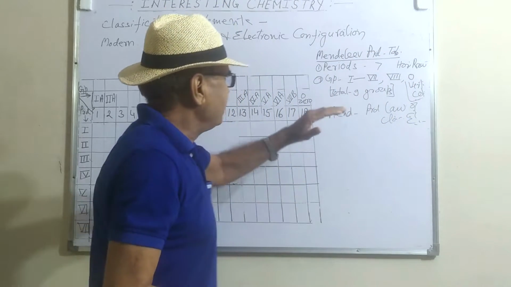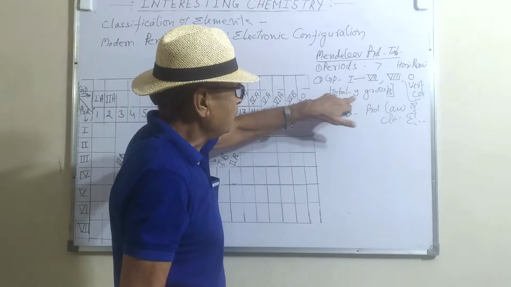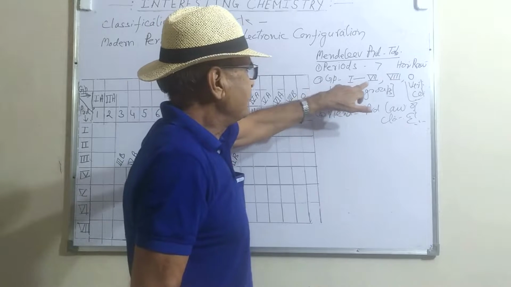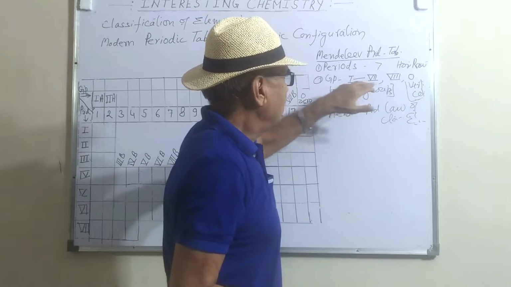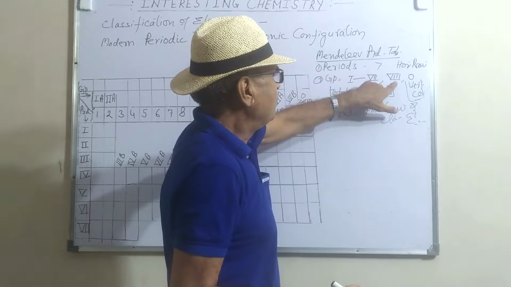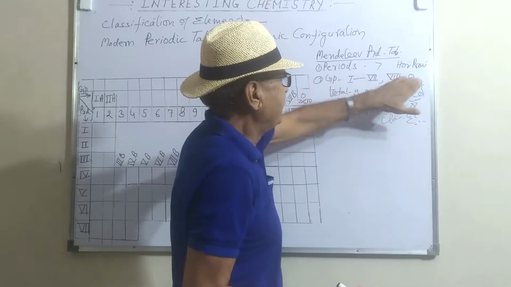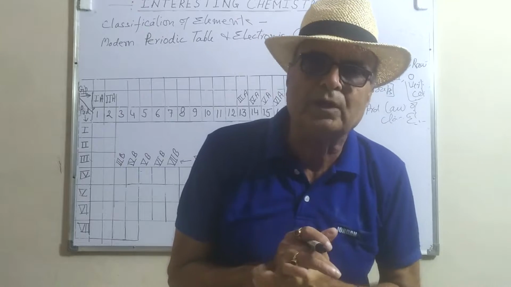In the Mendeleev periodic table there are only 9 groups in total: groups 1 to 7, the 8th, and 0. It means the 8th group is different from these 7 groups, and 0 is another group.